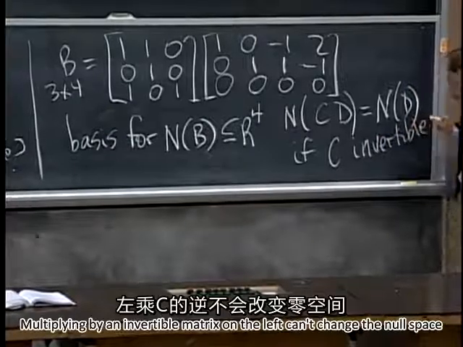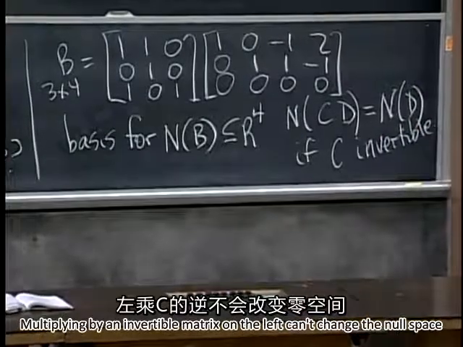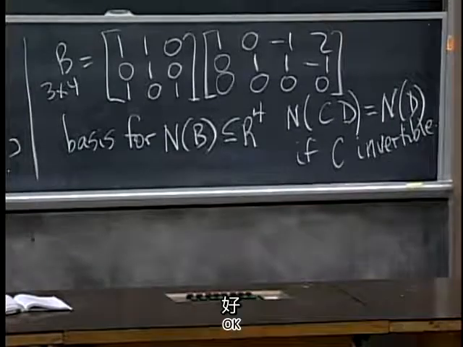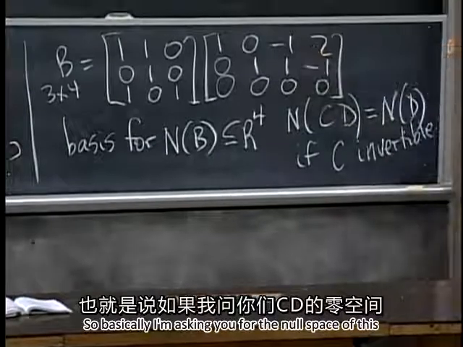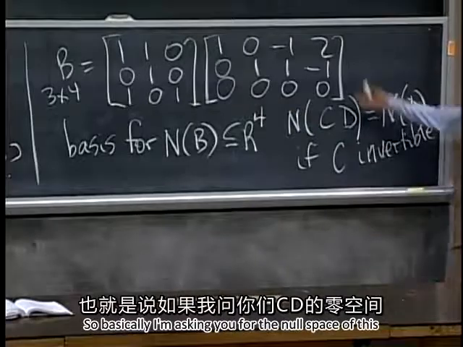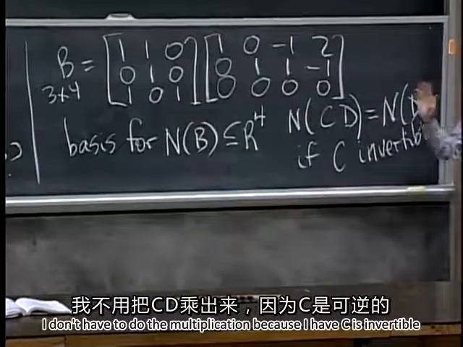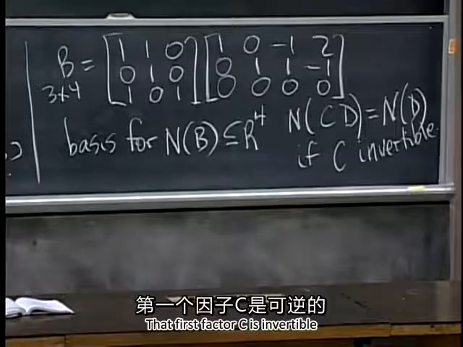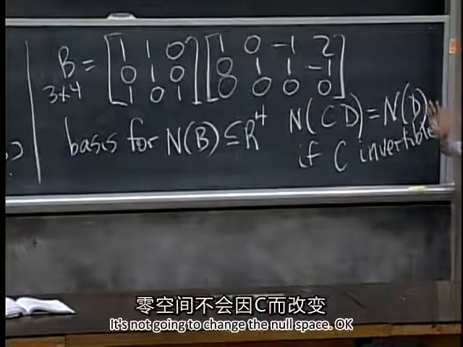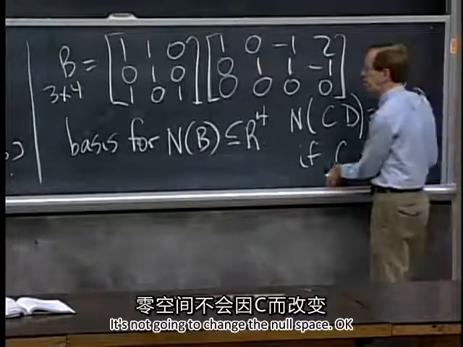Multiplying by an invertible matrix on the left can't change the null space. Okay, so basically I'm asking you for the null space of this one. I don't have to do the multiplication because C is invertible. That first factor C is invertible. It's not going to change the null space.